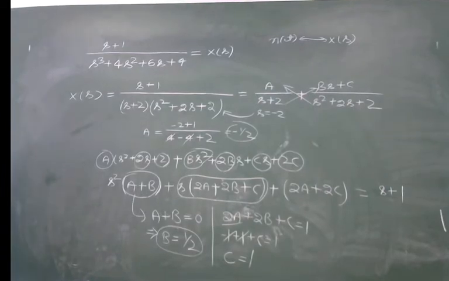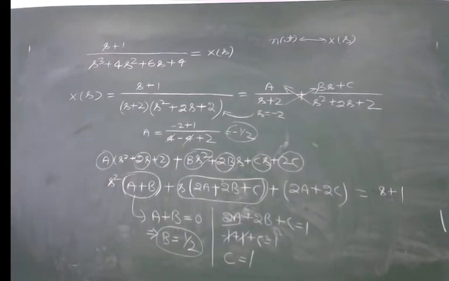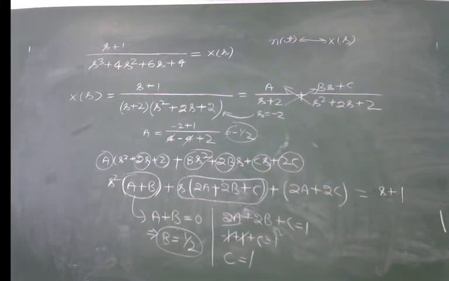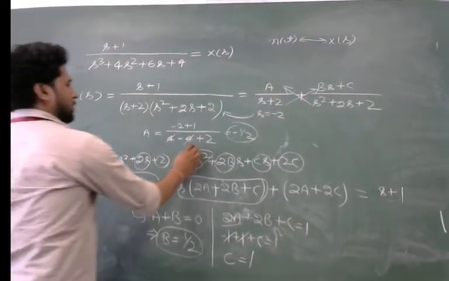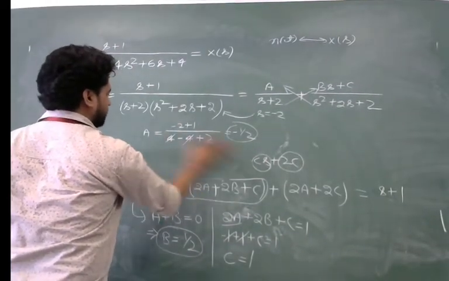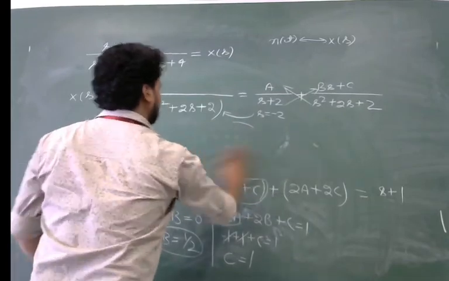So from here we got all the coefficients: a equal to minus 1 by 2, b equal to plus 1 by 2, and c equal to plus 1. Now put these values in the given expression.